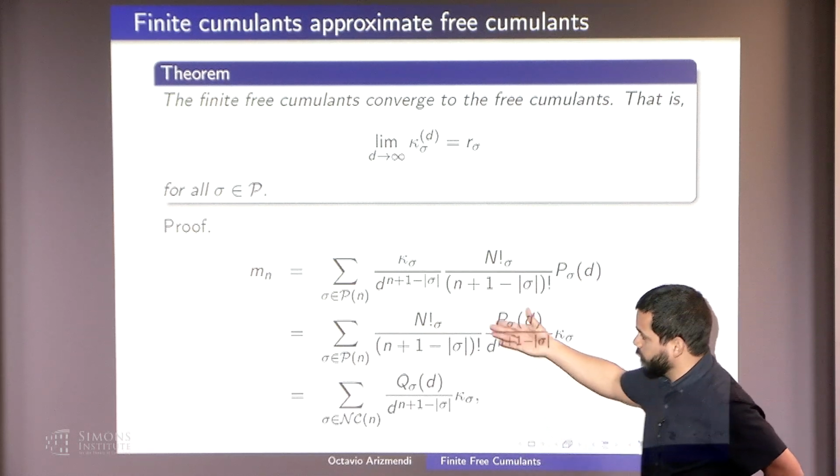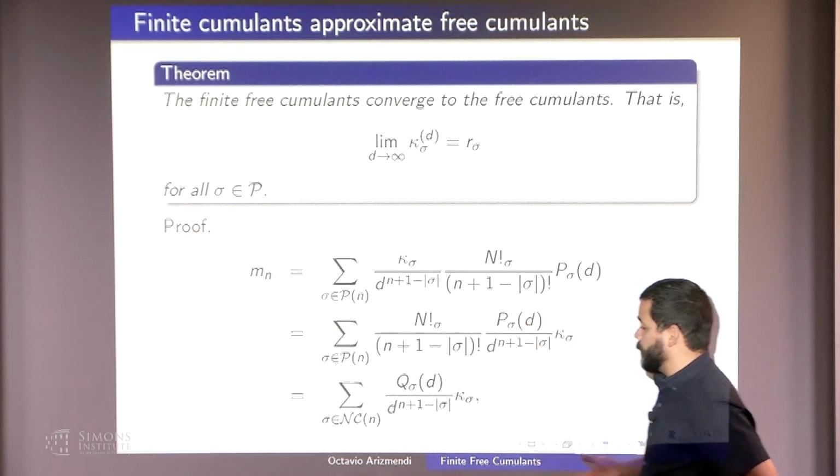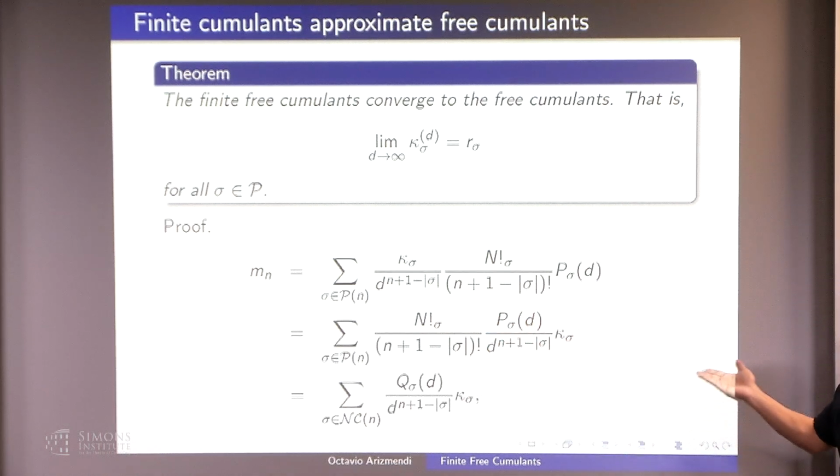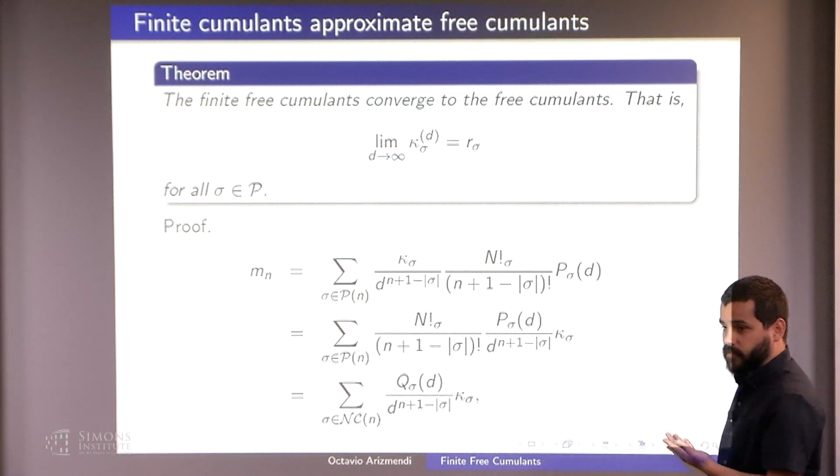So this kind of asymptotic behavior, I don't think was observed before. What I want to say is that the reason why finite free cumulants approach free cumulants is very different than the reason, for example, that random matrices are asymptotically free, at least combinatorially.